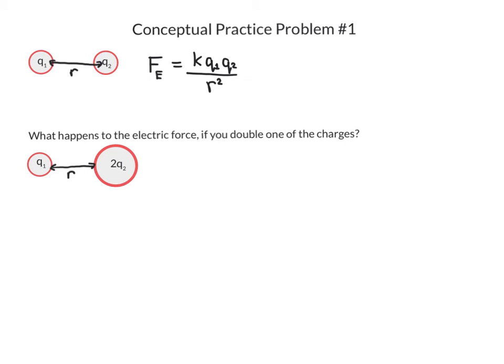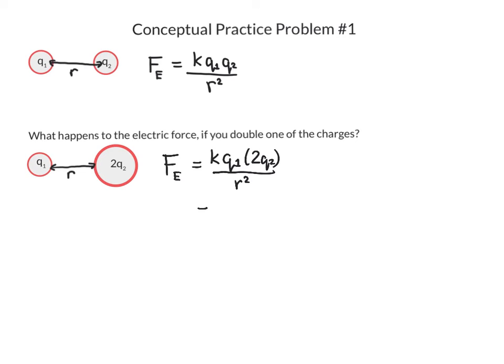Well, recall that Coulomb's law states that the electric force between these charges is directly proportional to the amount of charge. So you could guess that the new electric force will be twice that of the original electric force. But let's write it out in terms of Coulomb's law. Electric force equals K times Q1, and in this case, 2Q2 divided by R squared.